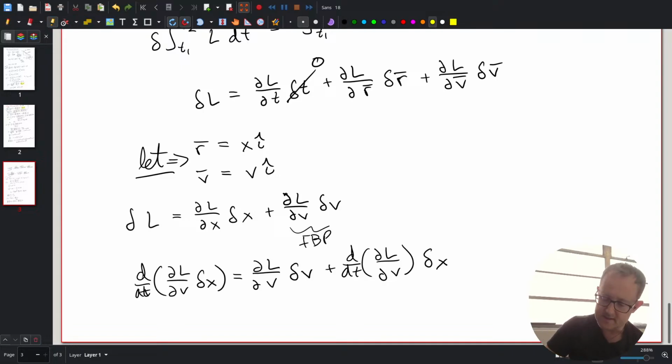Again, this integration by parts is what I started with, and it comes up in this part here.